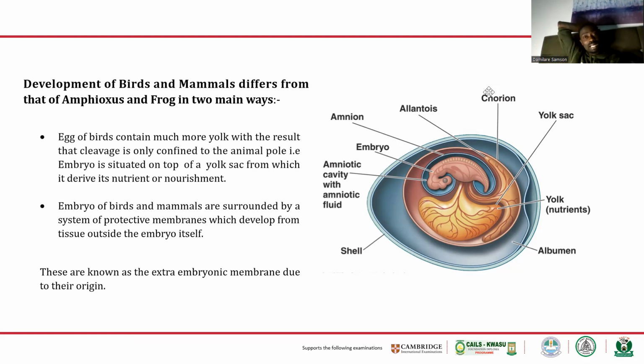Remember, we've been talking about the ectoderm, the mesoderm, and the endoderm, how they come in place, how they link together and form the nerves, the nervous system, and so on.